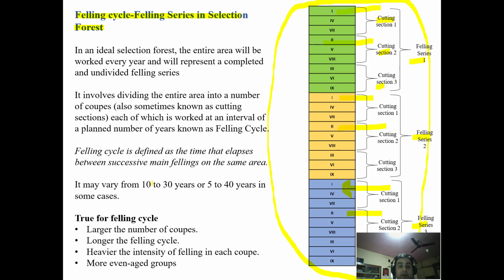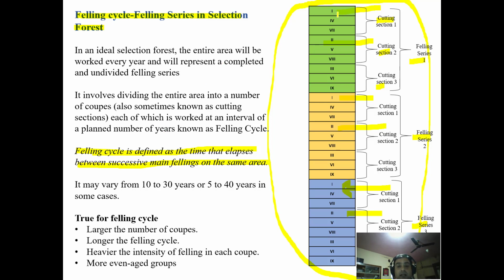But we have to remember that in the selection system we follow a felling cycle, which is defined as the time that elapses between successive main fellings on the same area.